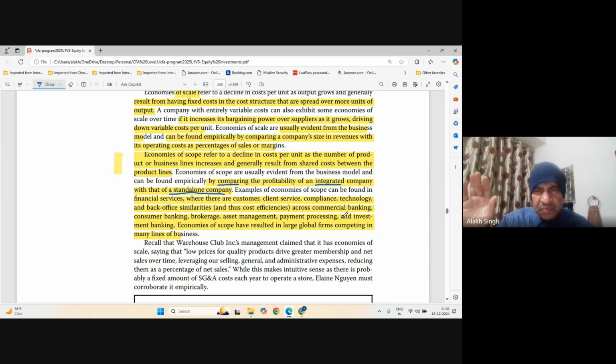Shared technology will be the same, reporting will be the same, and of course the CEO will be the same. So that is economies of scope. When a company has more than one line of product, then only economies of scope will come. If it has only one line of product, there will be only economies of scale, but not economies of scope. But when it has more than one line of product, there will be economies of scale as well as economies of scope.